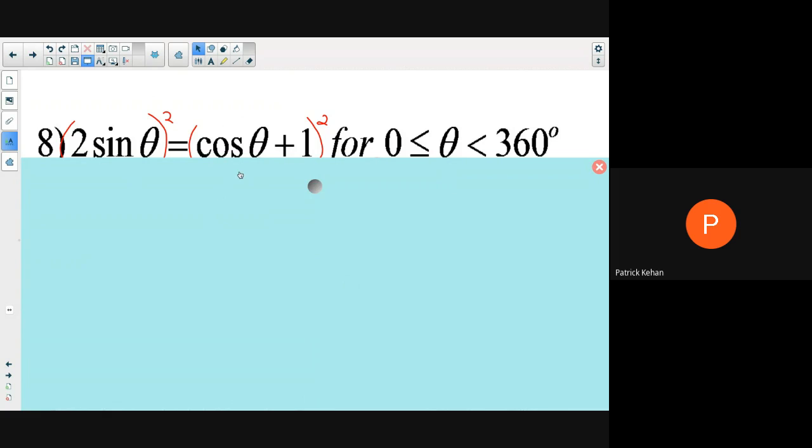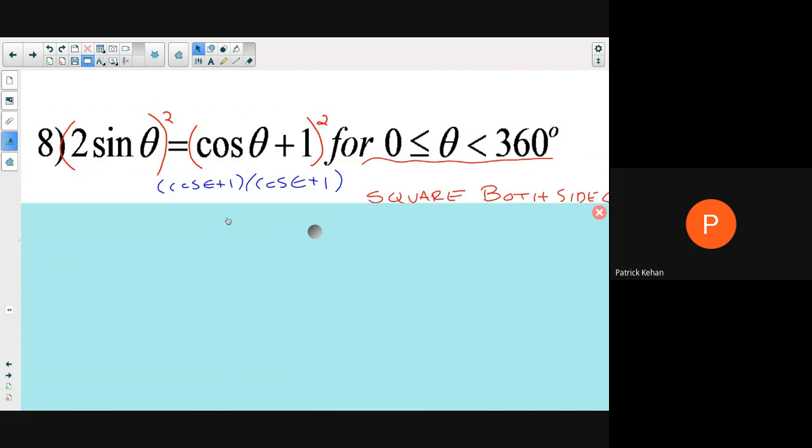A lot of students here will just write cosine squared plus 1, but this isn't that case, right? It's a binomial times itself, so it's really cosine theta plus 1 times cosine theta plus 1.